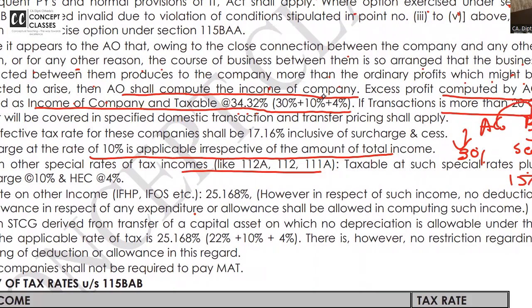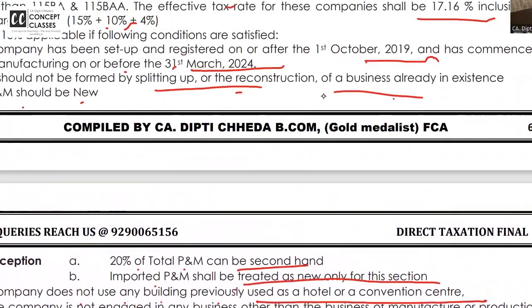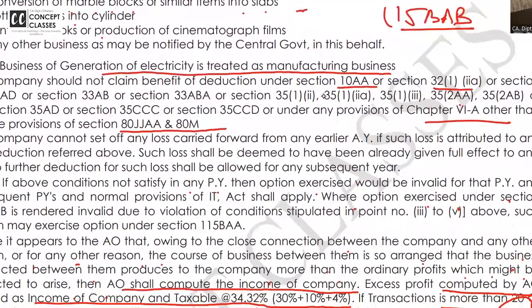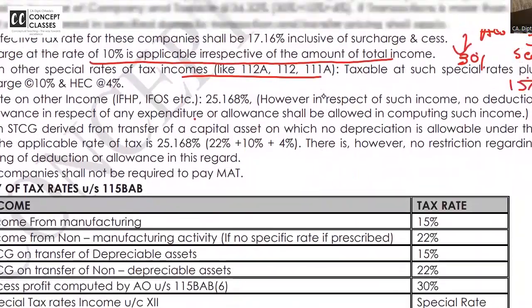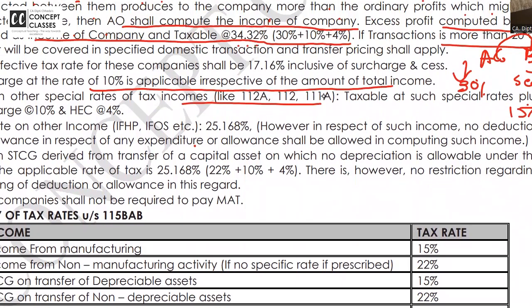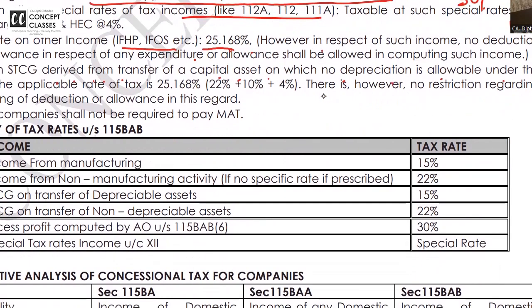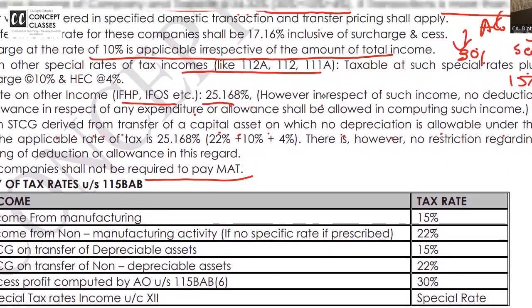All the other income not at 15% and 17%, like your house property income and all those kinds of incomes, they will be taxable at 25.16%. Yes. Tax on short-term capital gain derived from transfer of capital asset on which no depreciation is charged. Okay. Then it is adjustable only, I have given, and MAT is not applicable.